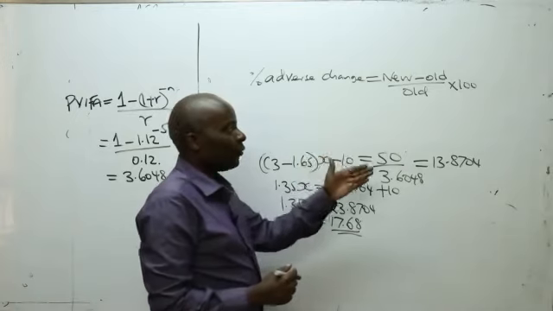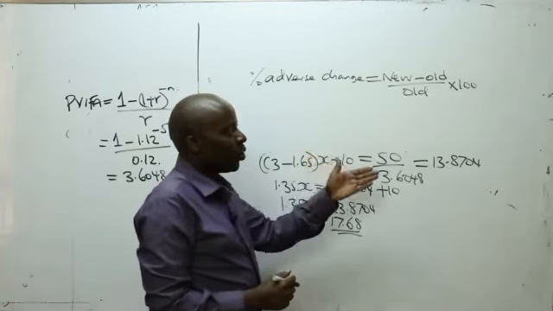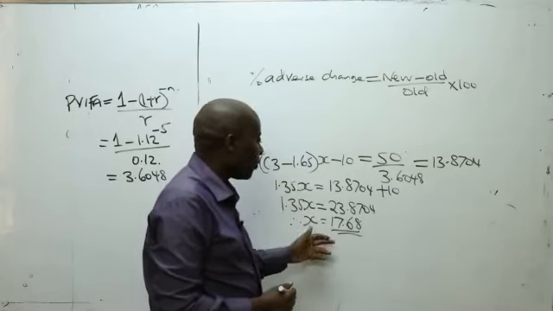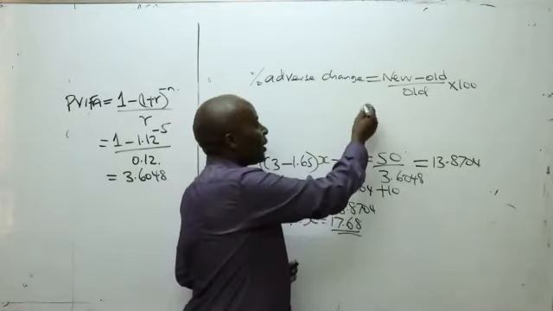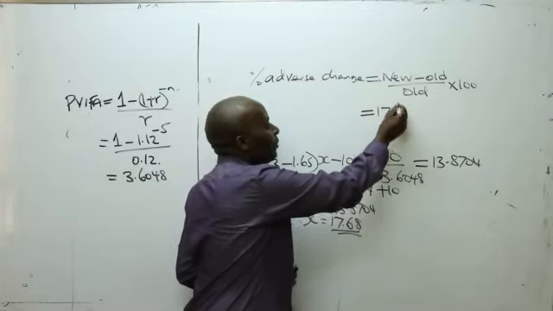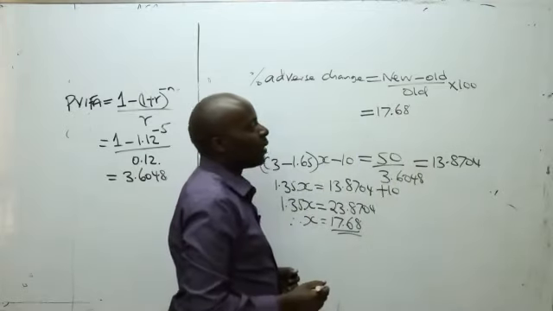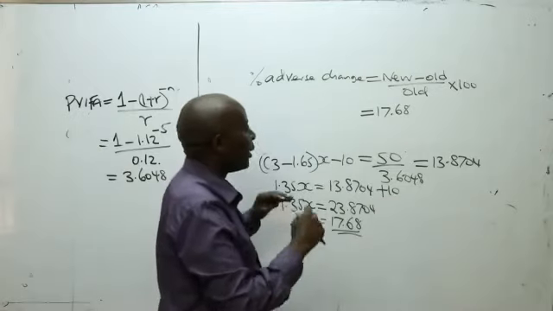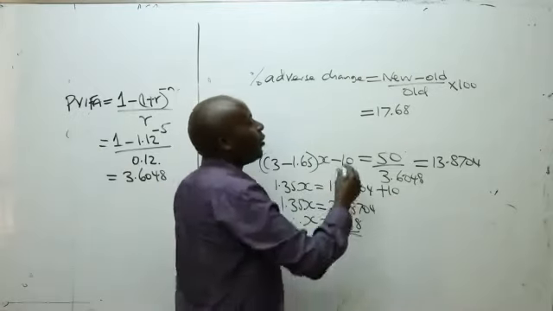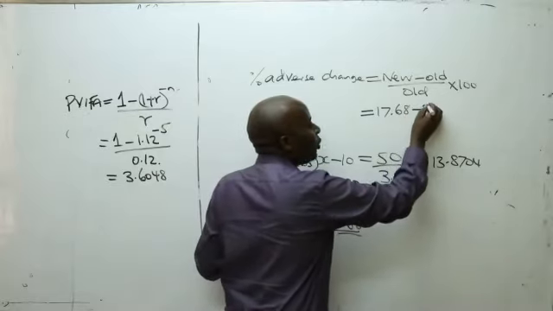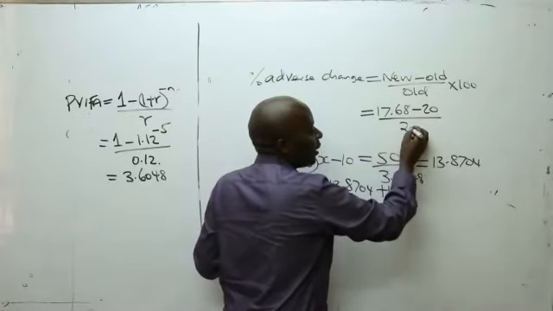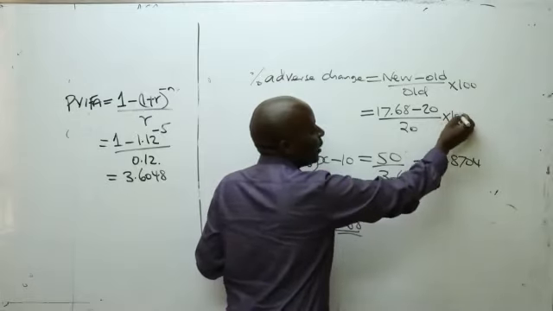New volume minus the old volume, divided by the old volume. What is the new volume? The new volume is 17.68, minus the old volume. In that equation of ours, the old volume is supposed to be 20. Divide this by 20 times 100.